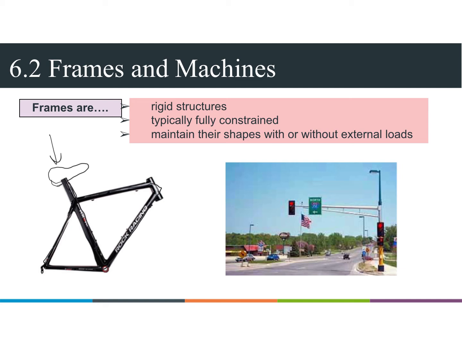That's the meaning of a frame. For the next figure, we have a traffic light frame structure. This also refers to a frame: a rigid, fully constrained structure that maintains its shape with or without external load.